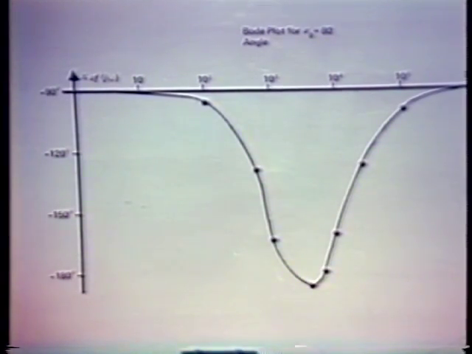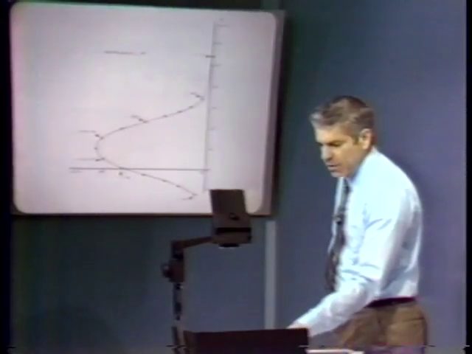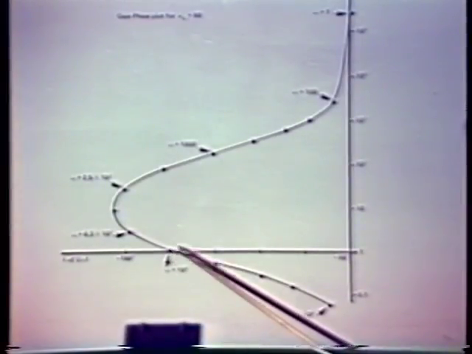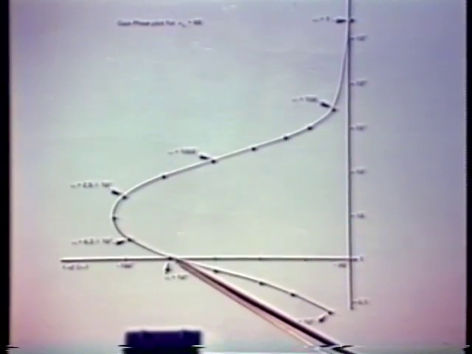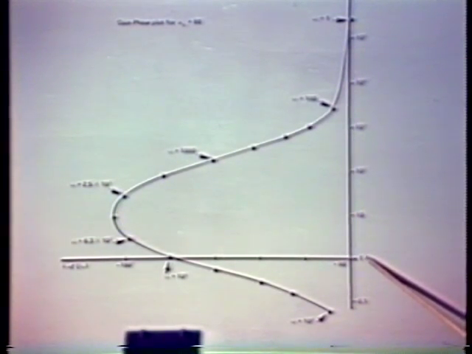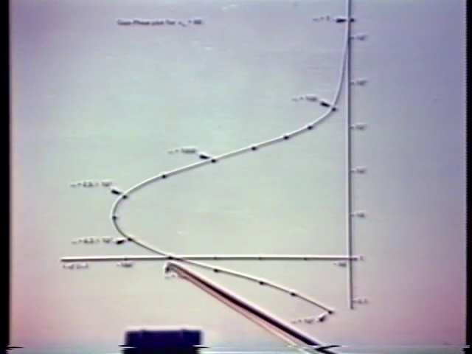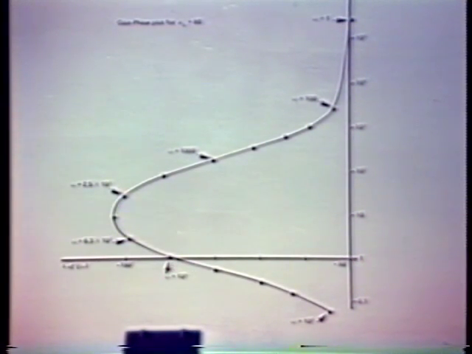We can look at the same system in gain phase form. Again, omega being a parameter, we find that for A0 equals 80, crossover occurs. Here's the magnitude equals 1 portion. Crossover occurs at 10 to the 4th radians per second. We have roughly 15 degrees of phase margin.